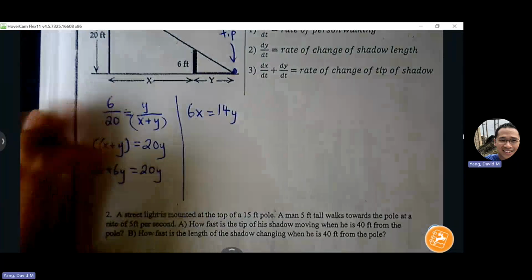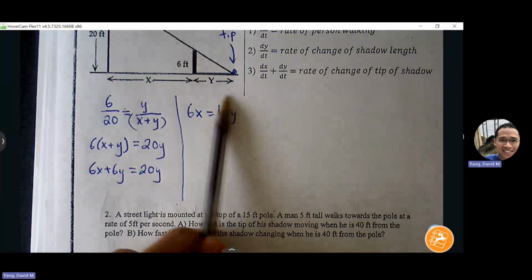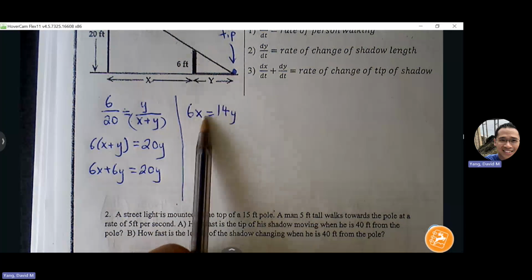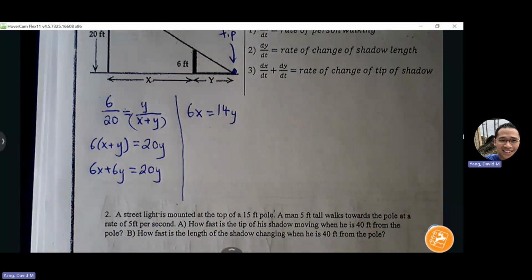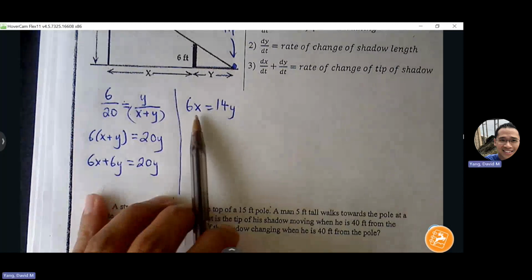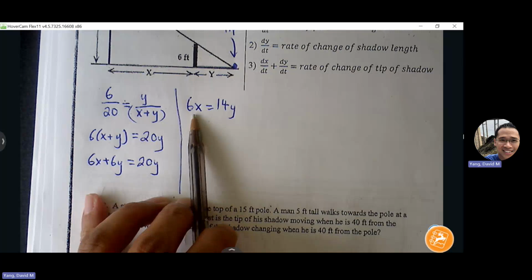Now this is an extremely easy equation, because we're just going to find the derivative of this equation. Okay, it's not as complicated as a cone problem where you got to do proportion and make a substitution and clean everything up. Okay, but we are going to find the derivative with respect to time.